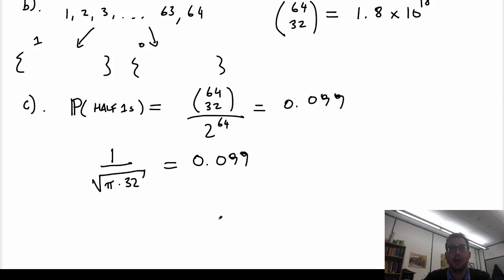That seems a bit cryptic at this point, but you can approximate quite well by taking this 32, taking its square root, times it by pi, and again approximately the same number there.